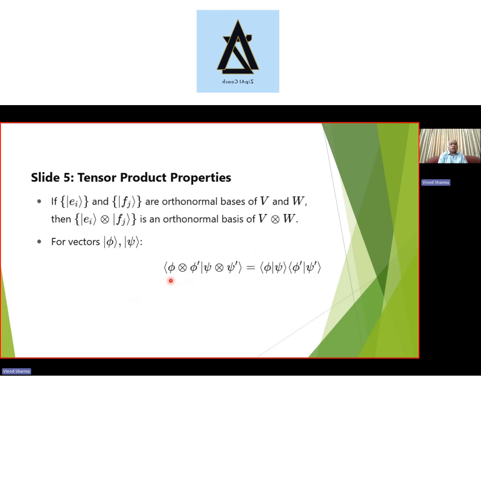You take the inner product of the first components and multiply with the inner product of the second components. This is how the inner product in this space is given, and this is also an inner product space.